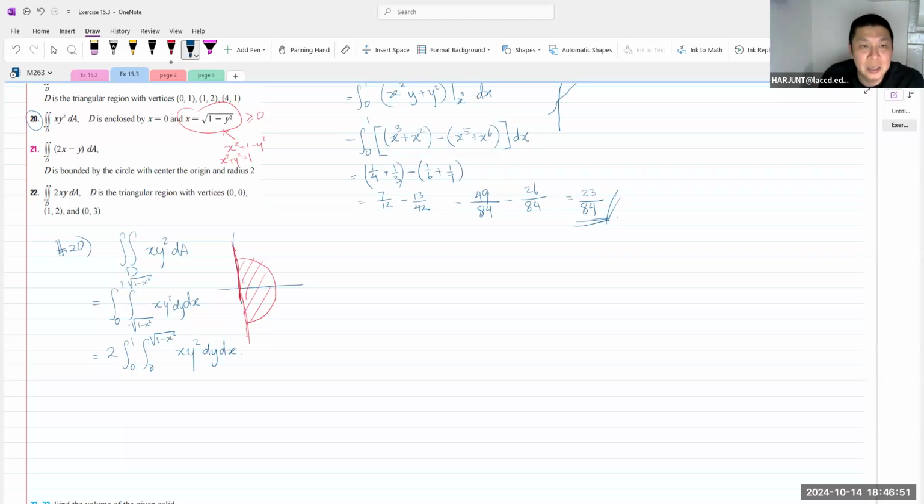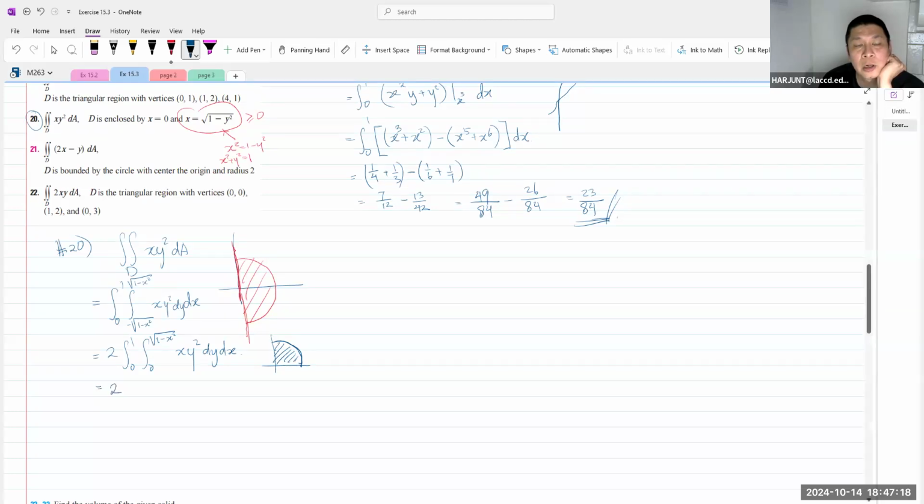Okay, and this is equal to, do I really want to do it this way? So now our domain looks like this. This is what our domain looks like, right? Okay. In Calc 2, you learn polar integration. Okay, polar integration.